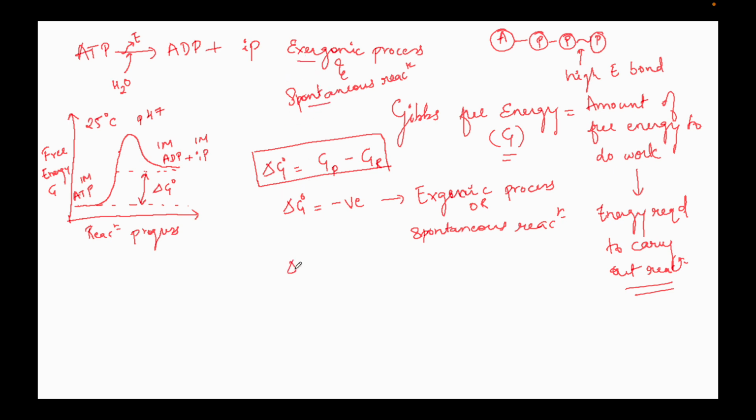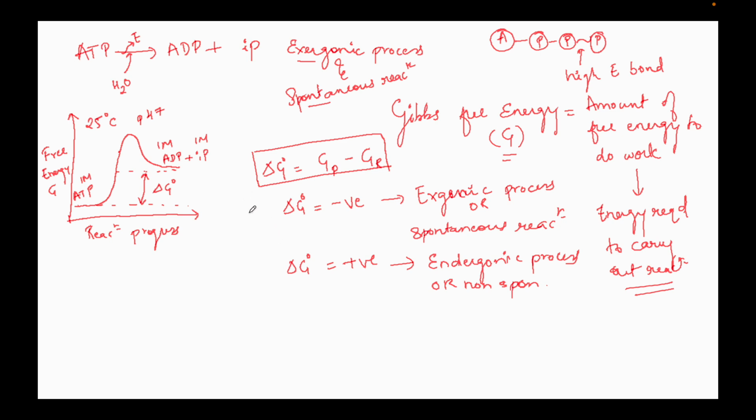And when this delta G naught is positive, it is an endergonic process or non-spontaneous. And why is this important?